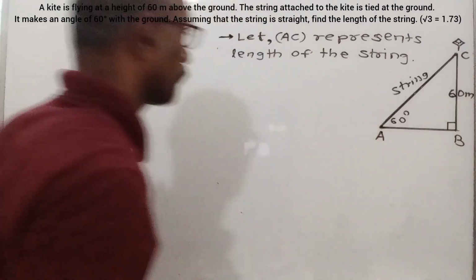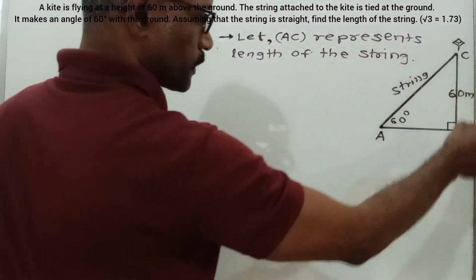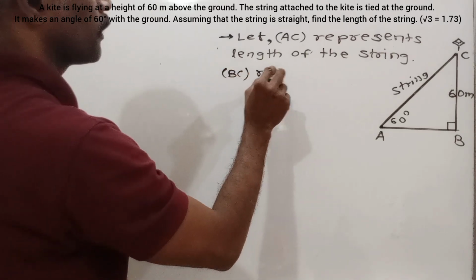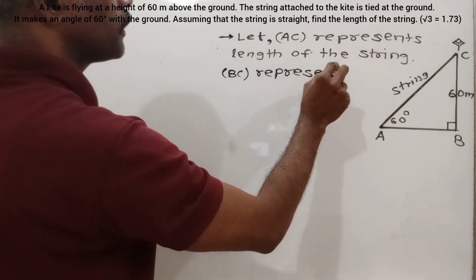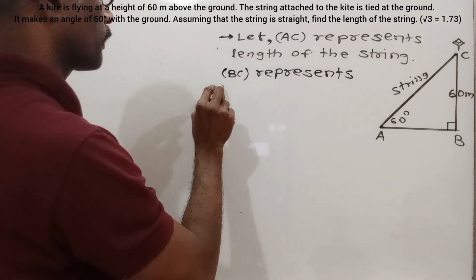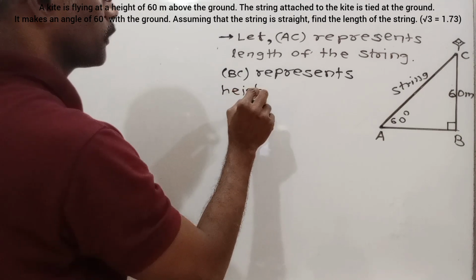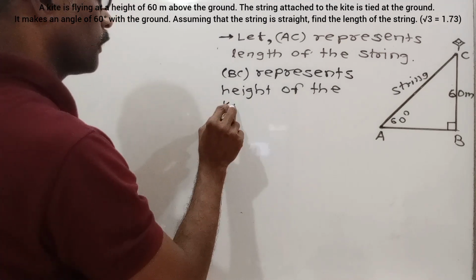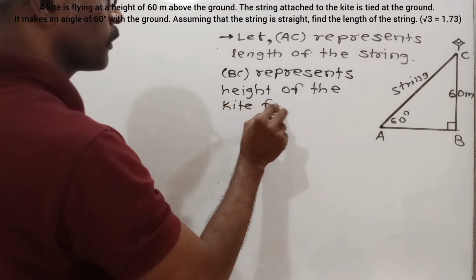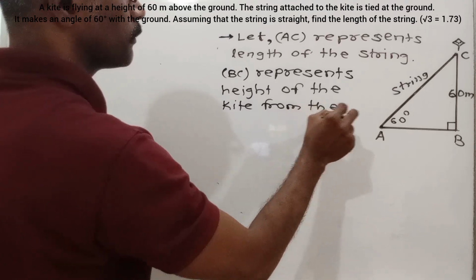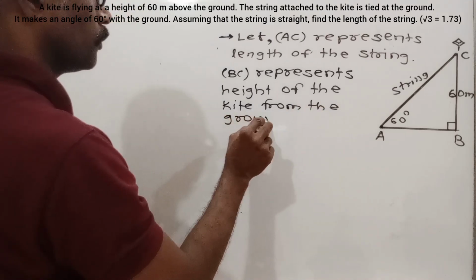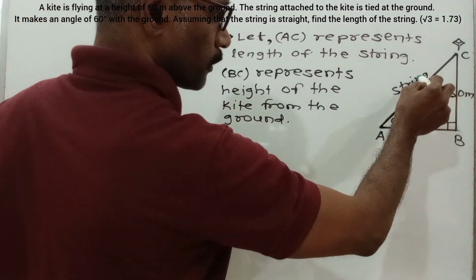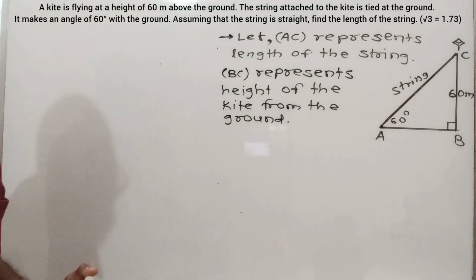Then this BC represents the height of the kite from the ground. Okay. Now the question is to find the length of the string.